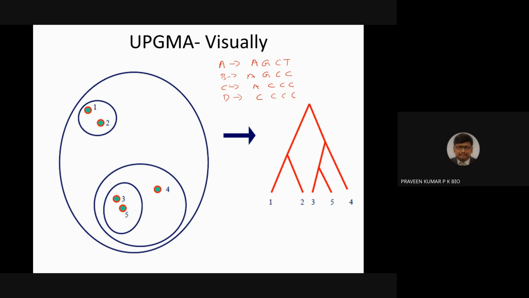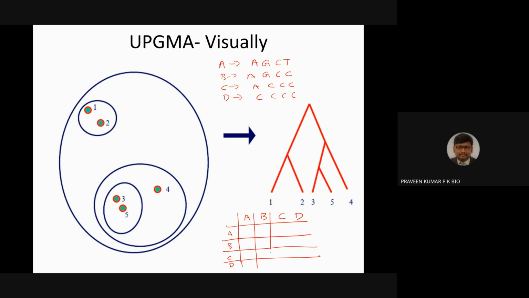Now, if I ask you to construct a distance table, one has to create a kind of matrix, like A, B, C, D down the side and across. I've constructed a matrix with the 4 sequences.